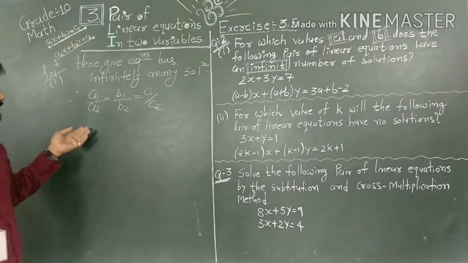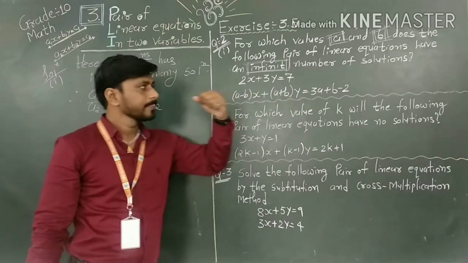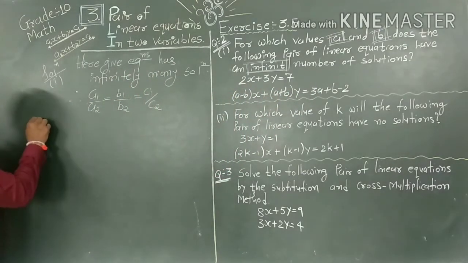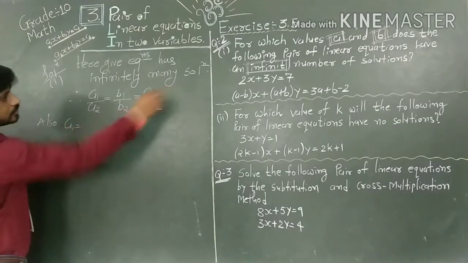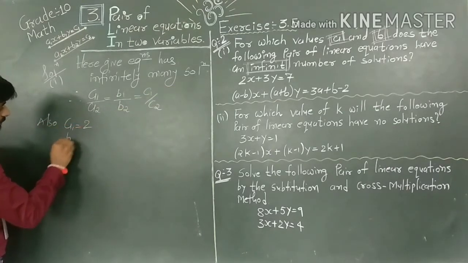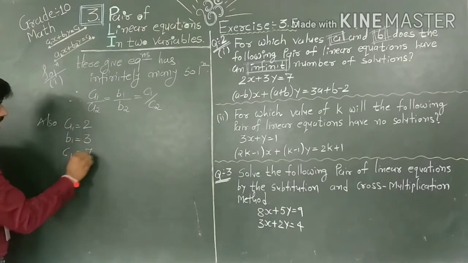Now I write what a1, b1, c1, a2, b2 and c2 are. Here a1 is equal to 2, b1 is equal to 3, c1 is equal to 7.